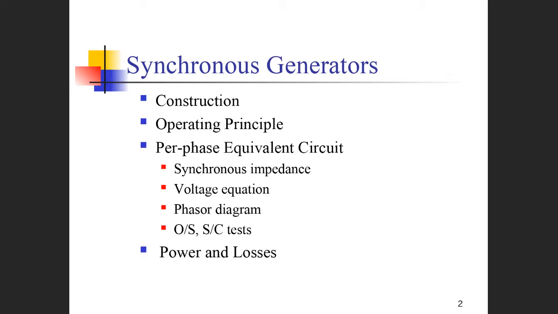With that in mind, we can further use our knowledge of the transformer and the induction motor to draw the so-called equivalent circuit, then carry out analysis of the performance of the generators based on the equivalent circuit. And finally, we talk about the testing of the generators as well as their performance. Now let's go ahead to see the first issue, the configurations of the generators.